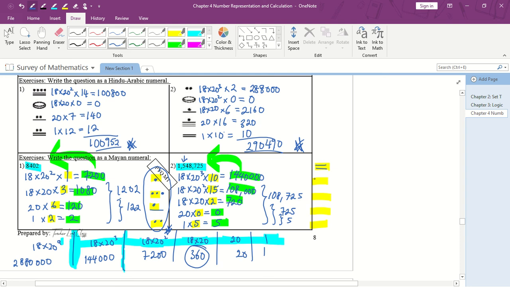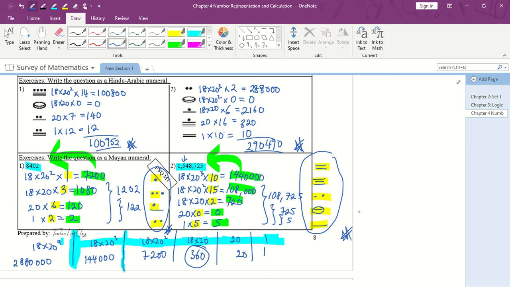We represent 15 in 3 lines. How we represent 2? It is just 2 dots. How we represent 0? Using the shell-like numerals. And how we represent 5? We represent 5 using a line. And that is our answer on how we get the Mayan numerals for this question.